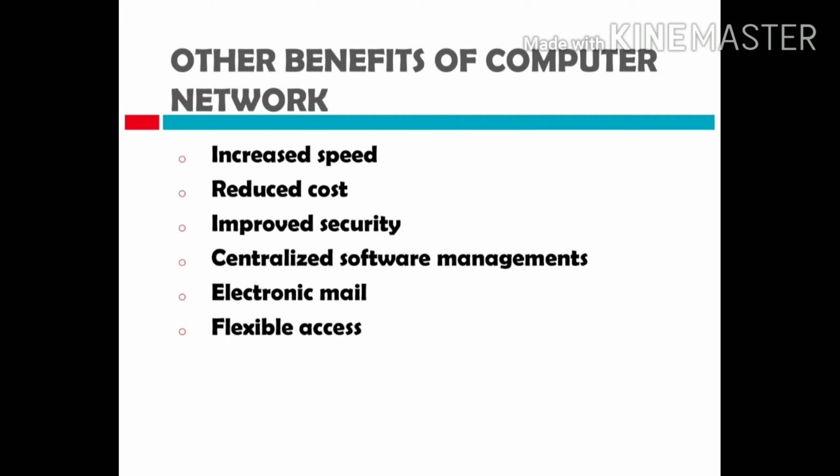The third is improved security. When there is networking, it improves security also. We have to access so much data on multiple systems. Rather than using multiple systems, you just have to access one system that is connected with the rest.